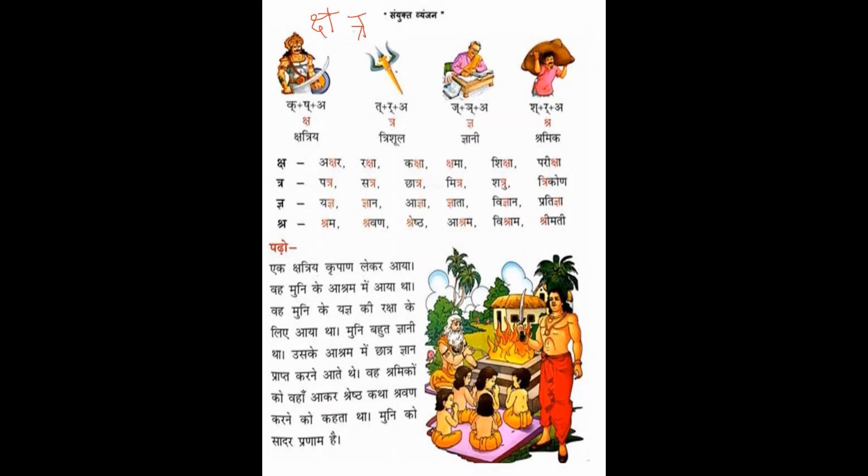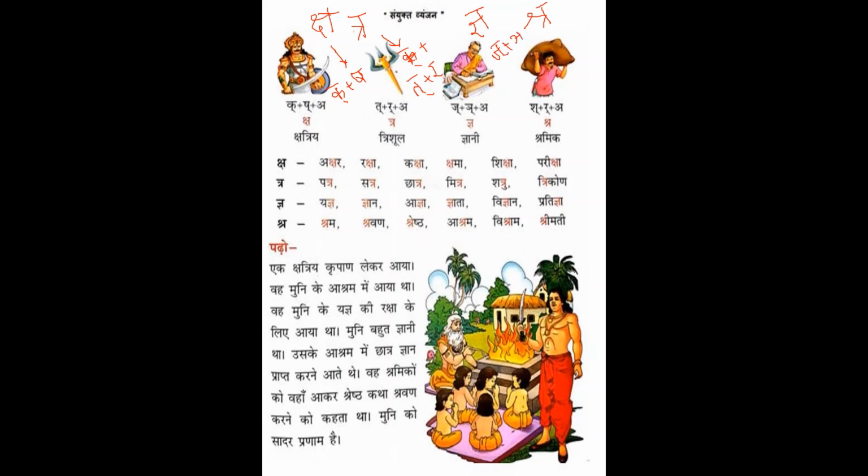This is the combination of two vyanjan; with the help of two vyanjan it is formed. K plus sha, ksha. Tra: t plus ra, tra. J plus nya, gya.